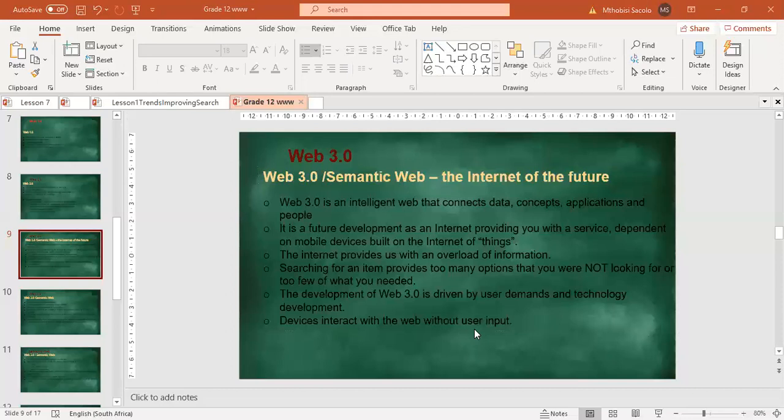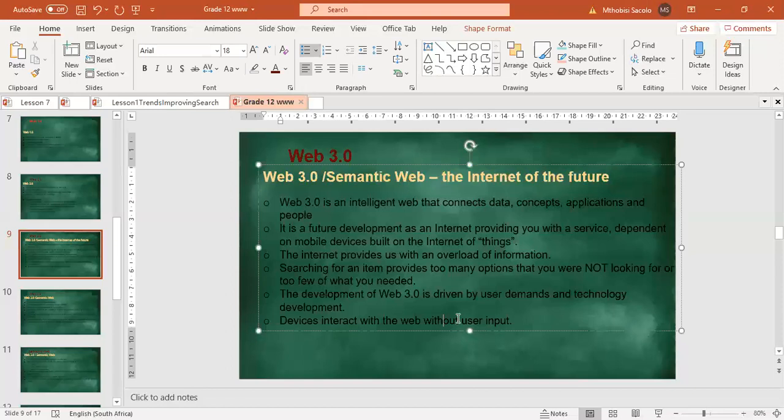Just for example, if you open Wi-Fi, most phones automatically search and find the Wi-Fi networks that can be accessible in that particular area. So you don't really need to interact with the device first before it can do what it is supposed to do.